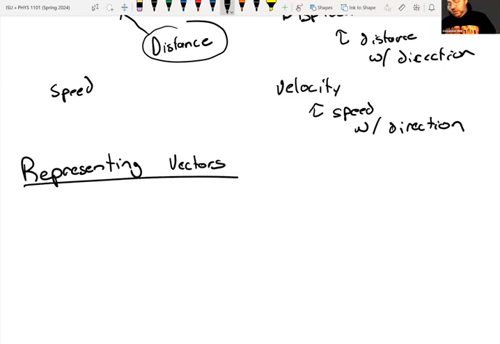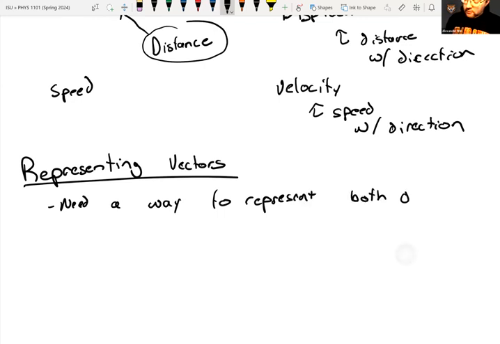But the whole idea is that you need a way to represent both direction and magnitude. So if you're talking about a speed or a velocity, you need a way that indicates both how fast the thing is going and what direction it's pointing. Okay, and there are basically two ways we can do this.